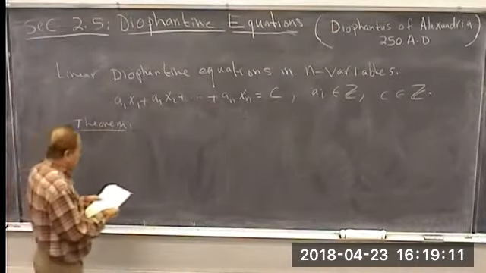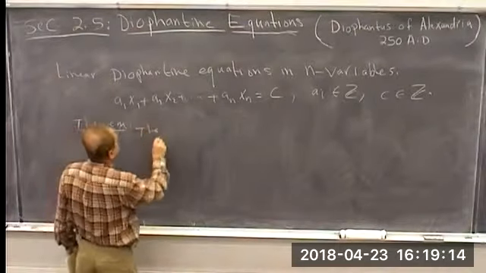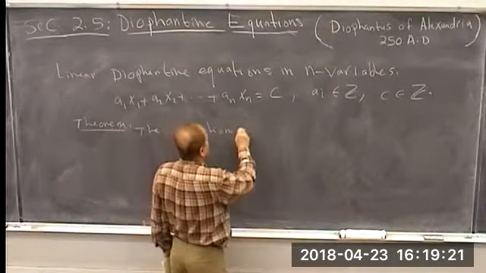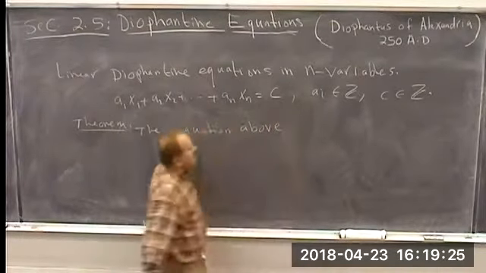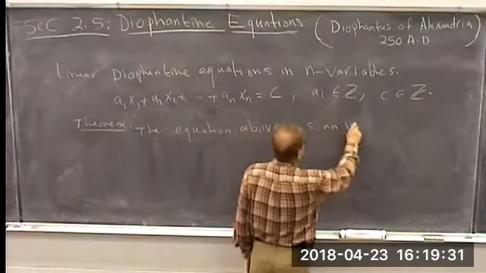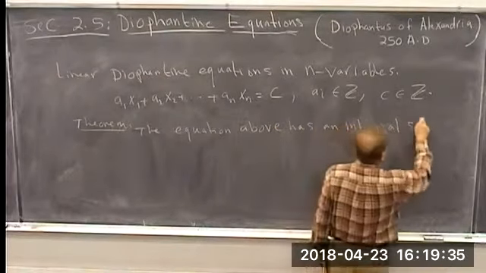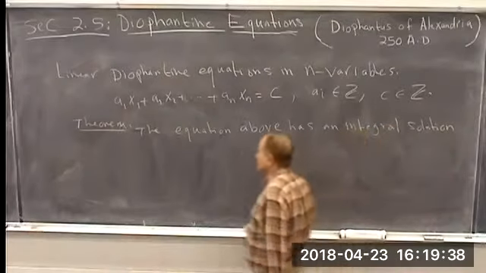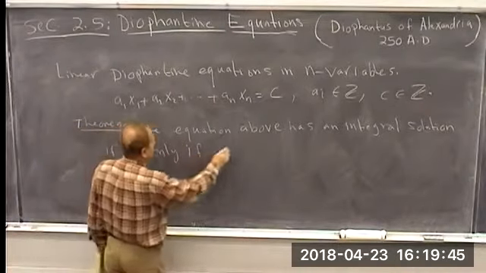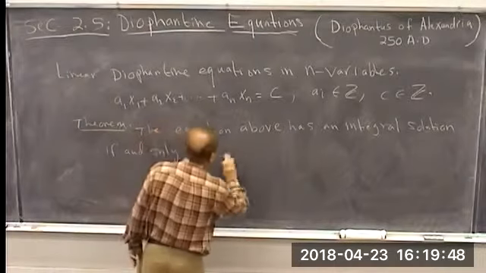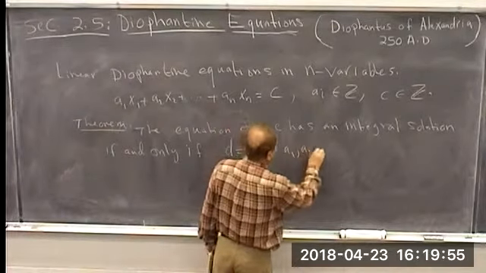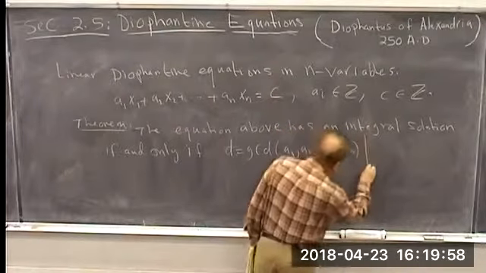Okay? And it says that the equation above, this one in here, has an integral solution if and only if the greatest common divisor, if I say D is equal to the greatest common divisor of a1, a2, up to an, must divide c.